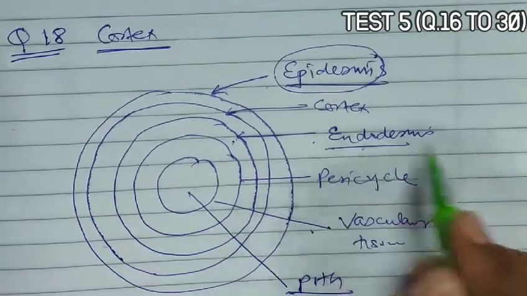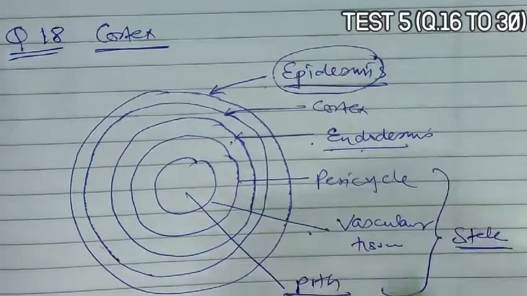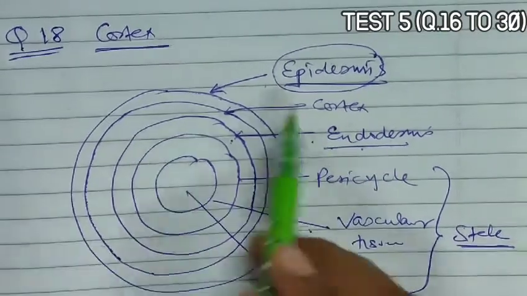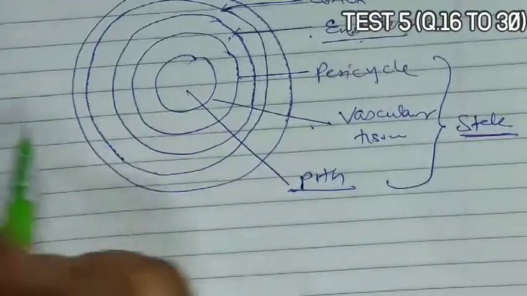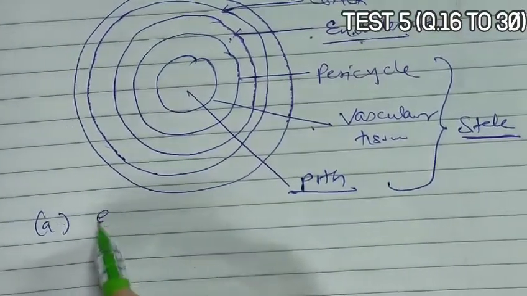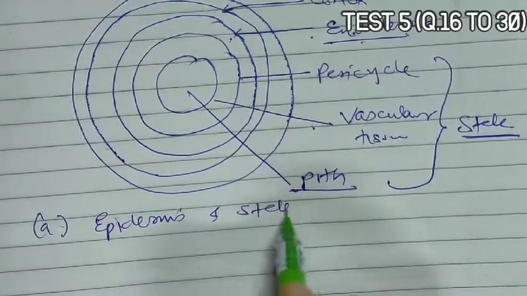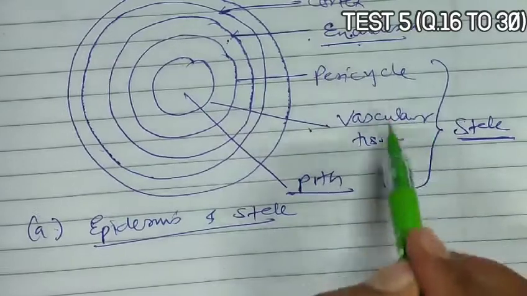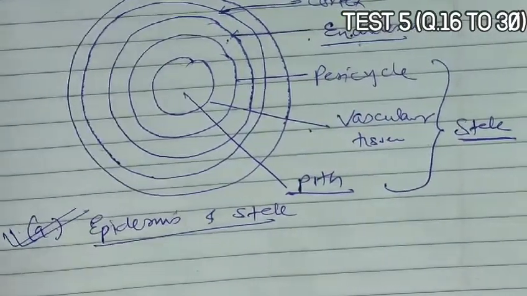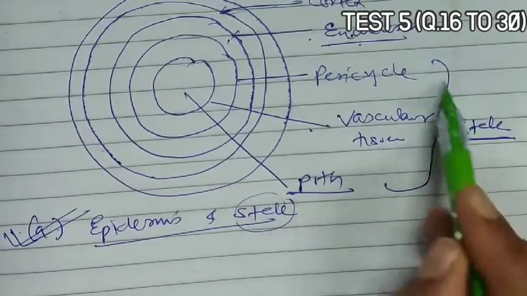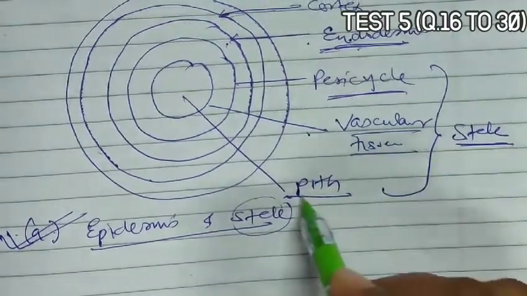Remember that all the tissue present inner to the endodermis is considered the stele. No option says epidermis and endodermis, but option A is somewhat similar, that is epidermis and stele. The stele is inside and the epidermis outside, so the cortex is present in between. So it is the most appropriate option. Remember, stele means all the tissue lying inner to the endodermis: pericycle, vascular tissue and pith.